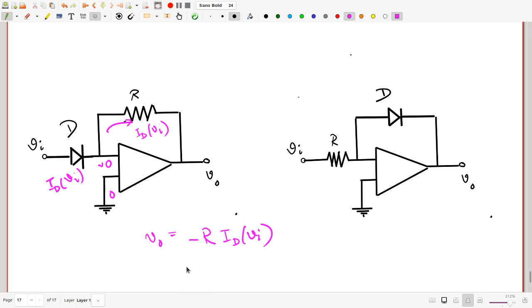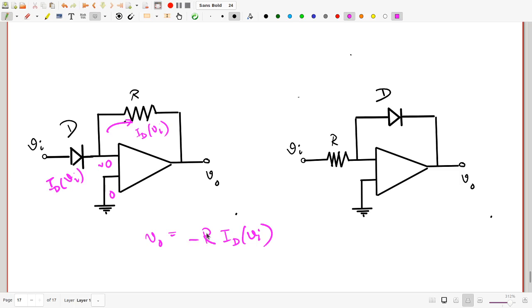So, one immediate application of this circuit would be that if you wanted to draw the diode characteristic curve, you would connect the diode here, change the input voltage, let's say linearly, and for each input voltage just note the output voltage. That will give you a perfectly good I versus V graph, or I versus V functional dependence with this extra factor of R just thrown in.